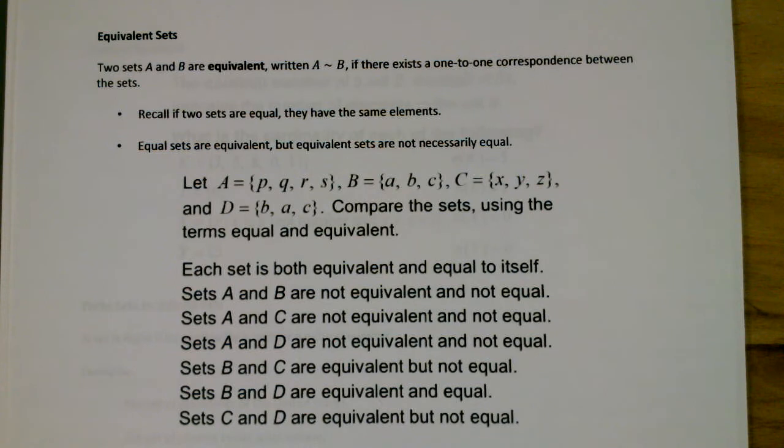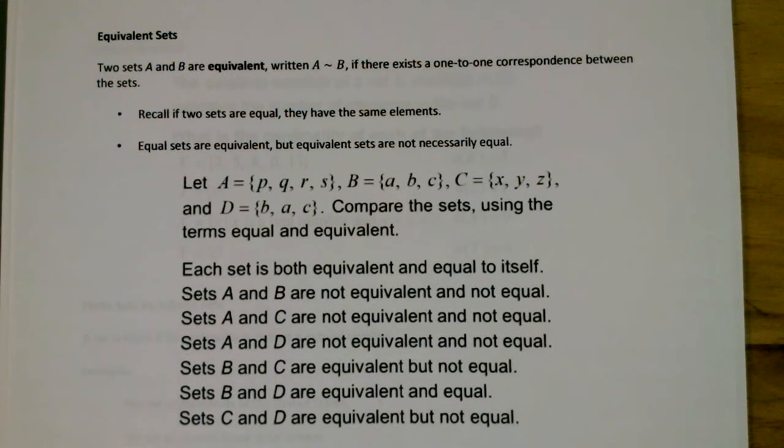Now, if you remember, if two sets are equal, they have the same elements, meaning A is equal to B, the elements in A must be exactly the same as the elements in B. Also, equal sets are equivalent, but equivalent sets are not necessarily going to be equal. Okay? Because for equivalent sets, I can come up with a one-to-one correspondence. Equal sets means what's in A has to be in B, and what's in B has to be in A.